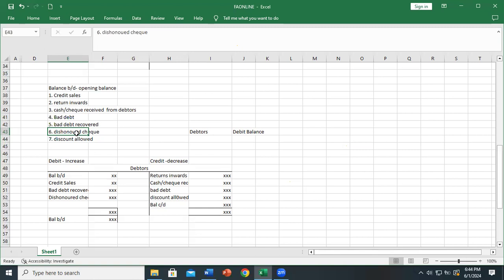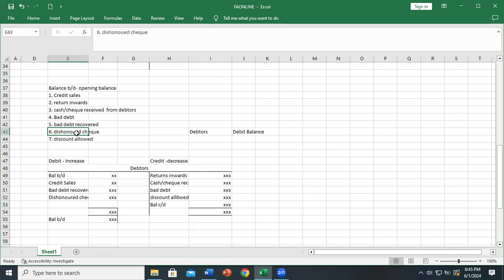So let me cite an example. Let's say Mr. Amwa's business is having you as his debtors. So Kenneth owes me 1,000 cedis, Blessing owes me 1,000 cedis, Caleb owes me 1,000 cedis. And then each of you brings me a check of 1,000 cedis.